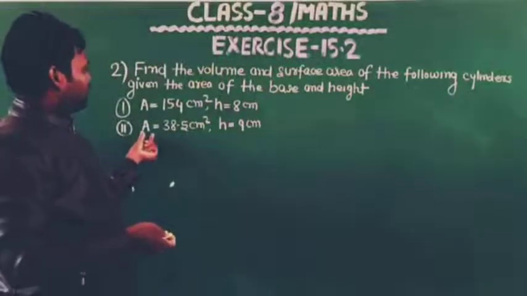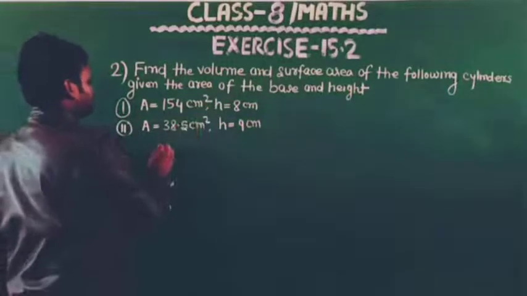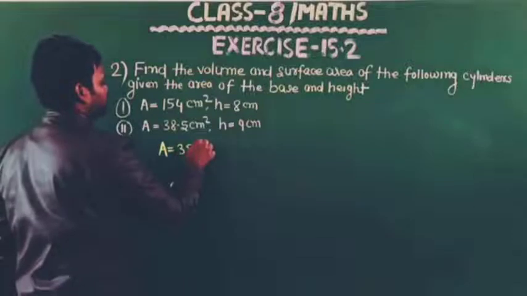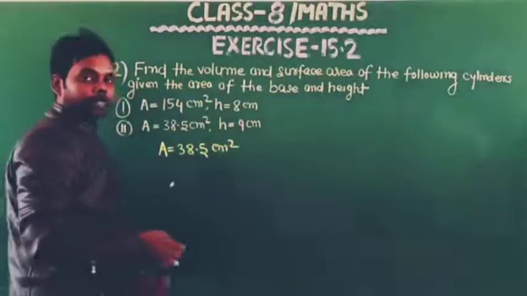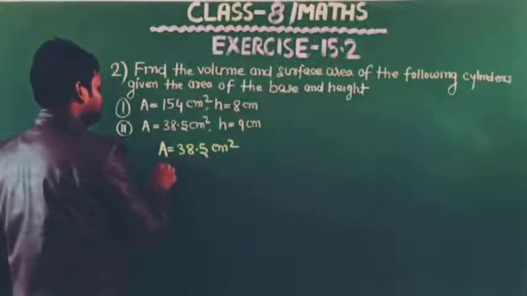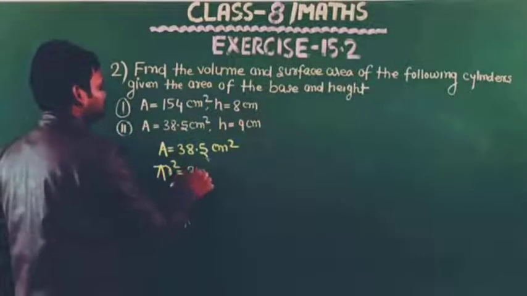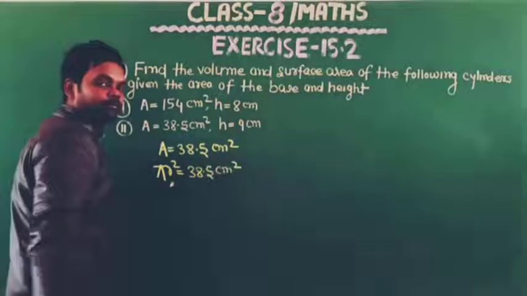Area of the base is given, A equal to 38.5 centimeter square. So this means pi r square equals 38.5 centimeter square.